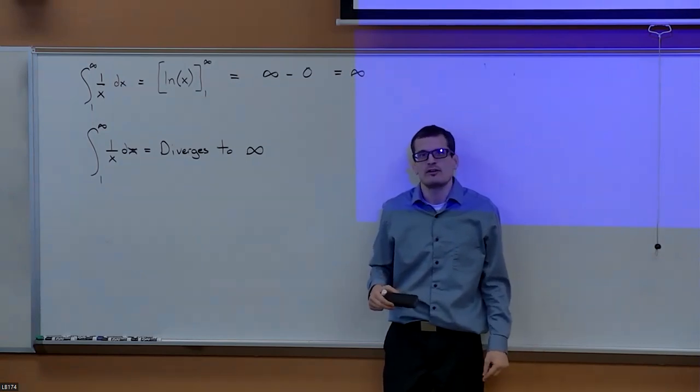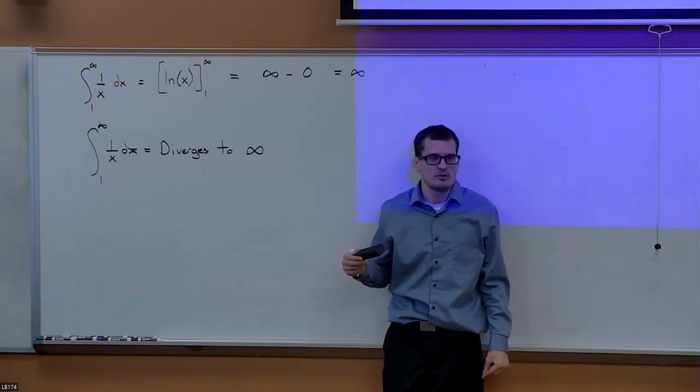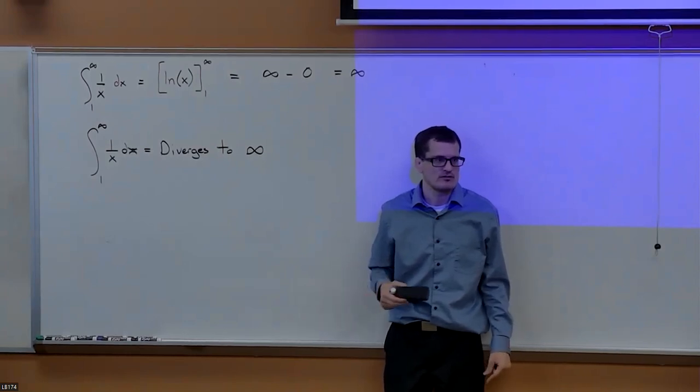When you integrated 1 over x squared and got 1, if you started at a different number, you'd get a different number, but it'd still be a real number. Does that make sense? So if you integrated from like 7 out to infinity, 1 over x squared would still converge, but it wouldn't converge to 1, it would converge to a different area under the curve.